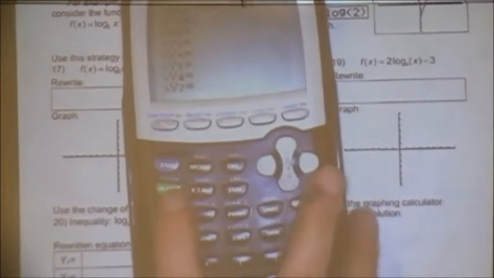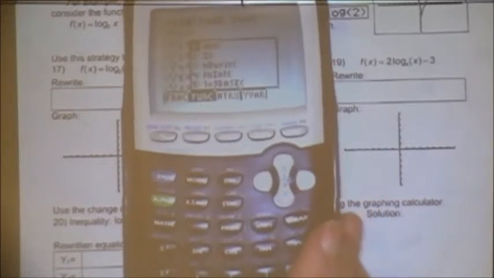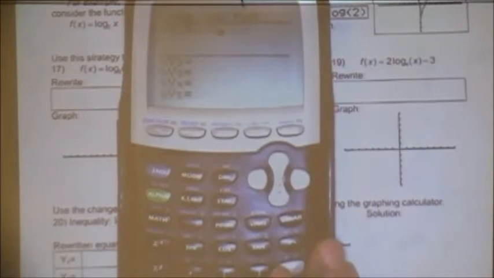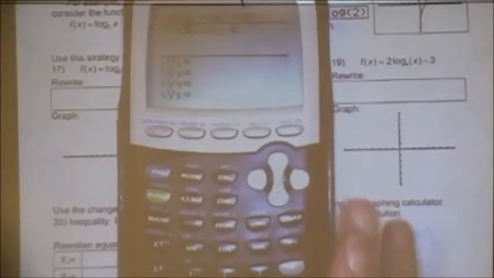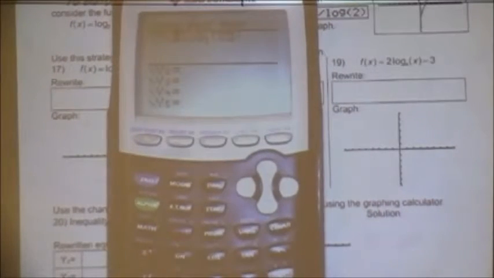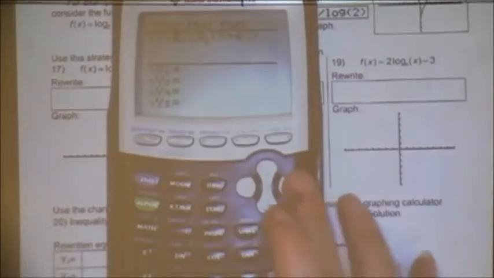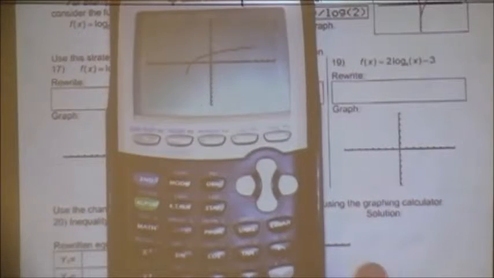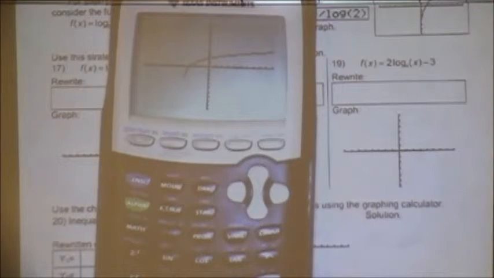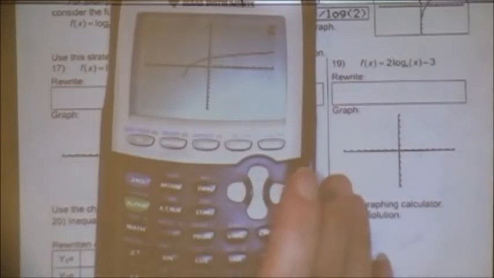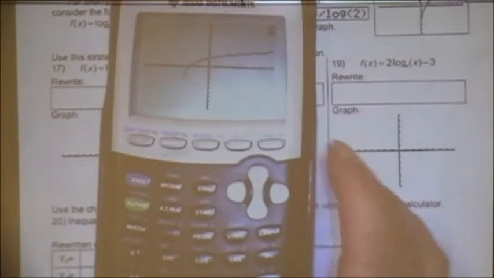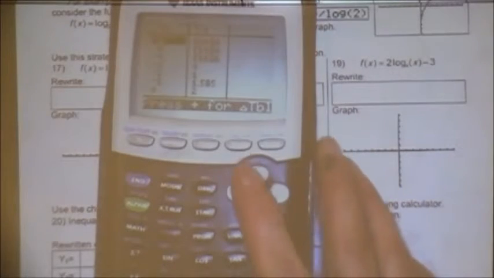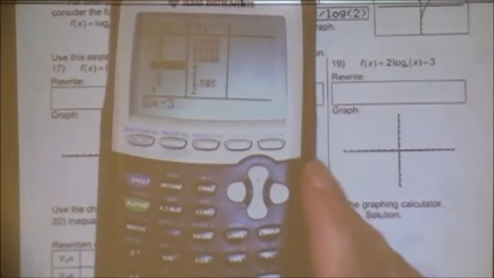So I'm going to do alpha window 5, and I'm going to put in log base 2 of x plus 4, and just hit graph, and you'll see your picture. And all it wants you to do for 17, 18, and 19 is just sketch those graphs. So it doesn't have to be perfect by any stretch of the imagination. But I'm going to get some exact points just so I know where it starts.